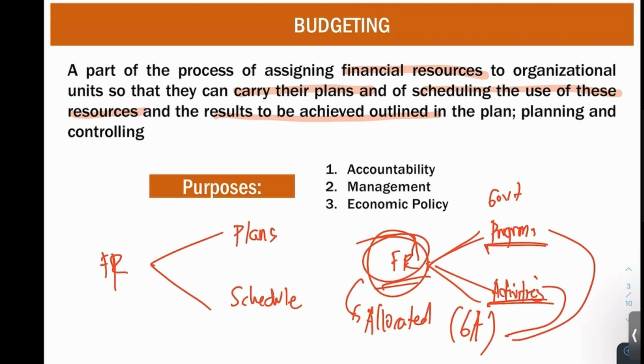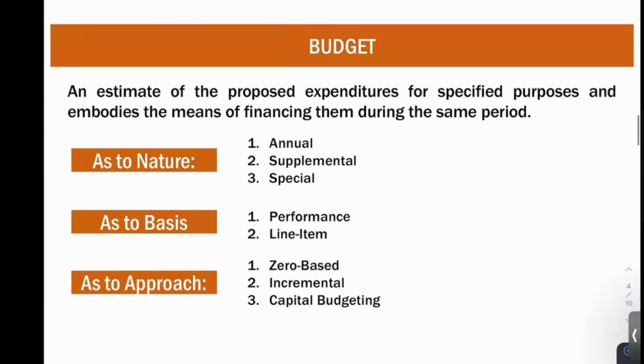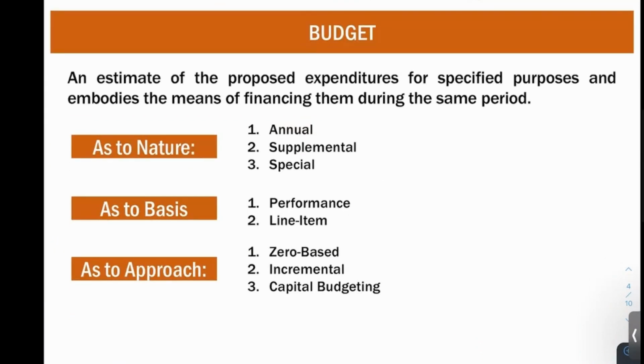Now, having knowledge of budgeting, let's discuss budget. So what is a budget? A budget is an estimate of the proposed expenditures for specified purposes and embodies the means of financing them during the same period. Okay, so if you look at this, your budget is composed of not only the allocation, but also how to finance them.